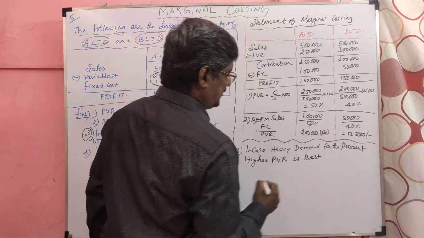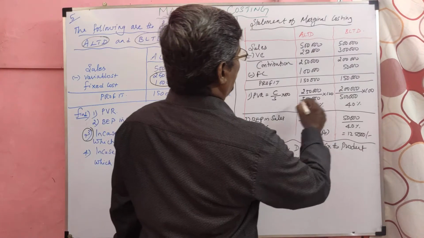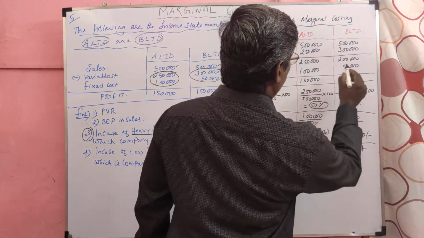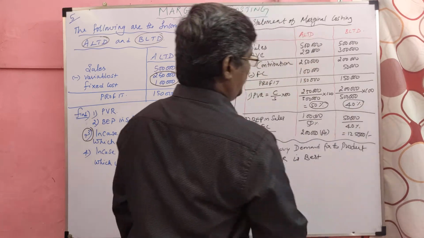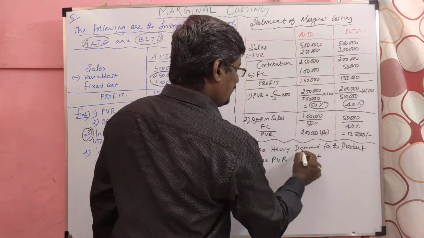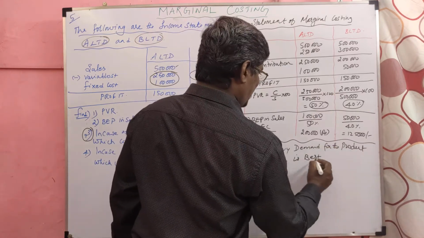Higher PVR company is best. A company's PVR is 50%, B company's PVR is 40%. So which company's PVR is higher? A company.